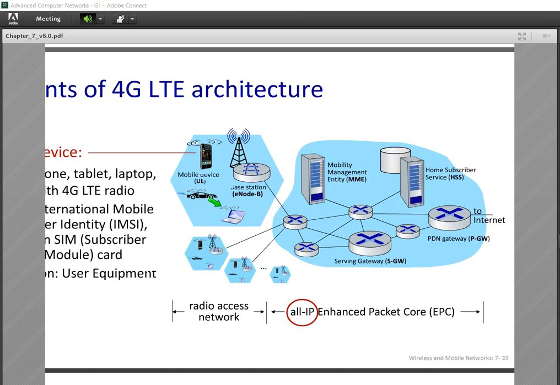In this level, just using some E-node-B, we try to connect different devices to a cellular network, and then there is EPC, the enhanced packet core, and now in 4G technology this core is fully IP core.